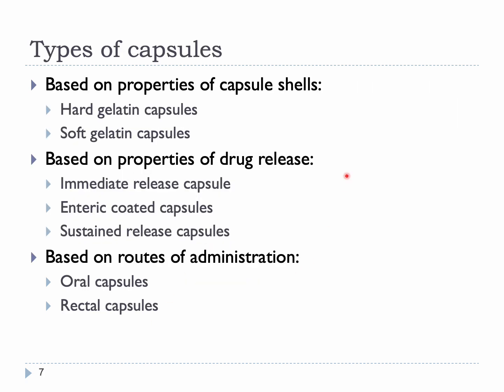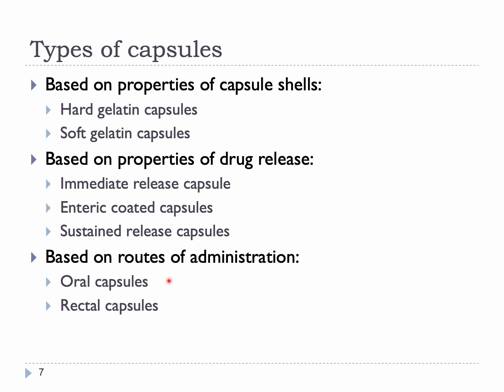In the classification of capsules, there are three ways of classification. If based on properties of the capsule shell, you have hard gelatin capsules and soft gelatin capsules. If we base it on properties of drug release, you have immediate release capsules, enteric coated capsules, and sustained release capsules.